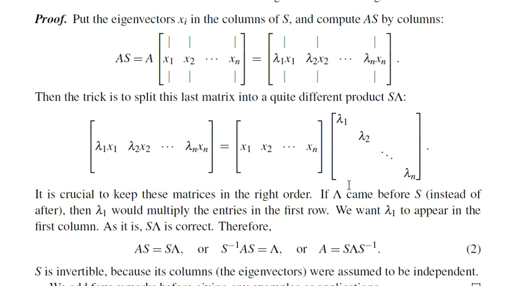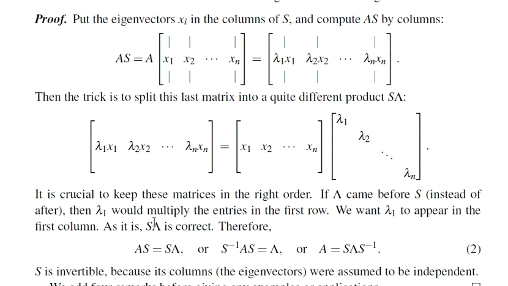Otherwise, here we get the columns multiplied by the diagonal elements. If we write this in reverse order, then we may get the rows multiplied with this and the order will not be the correct one. We will have lambda 1, lambda 2 on the rows.